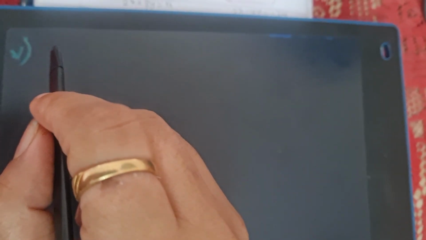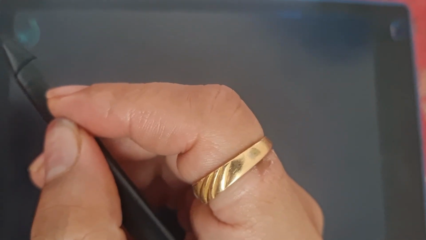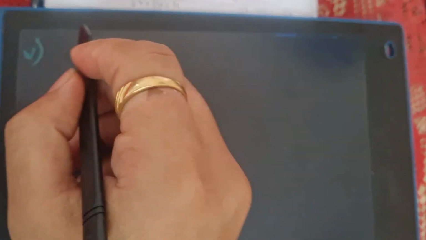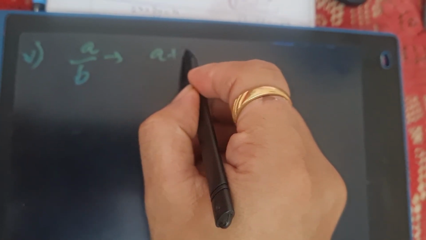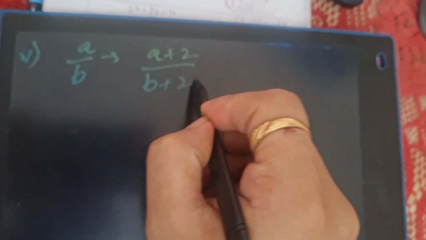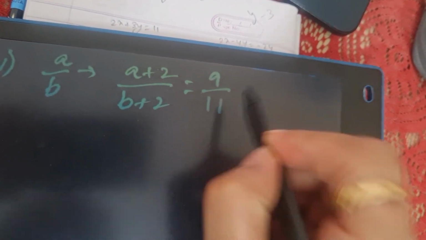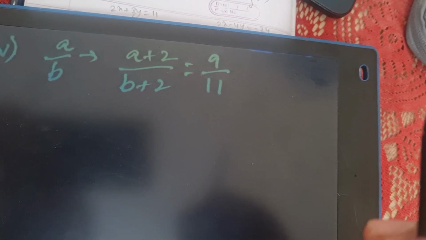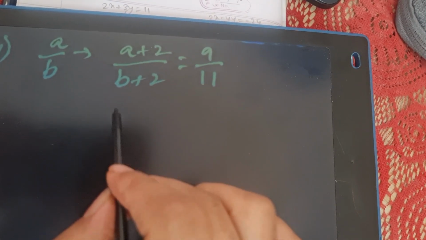Now the fifth part. A fraction becomes 9 by 11 if 2 is added to both numerator and denominator. So let's say the fraction is a by b. If we add 2 to both the numerator and denominator, a plus 2 by b plus 2 is equal to 9 by 11. If 3 is added to both the numerator and the denominator, it becomes 5 by 6.